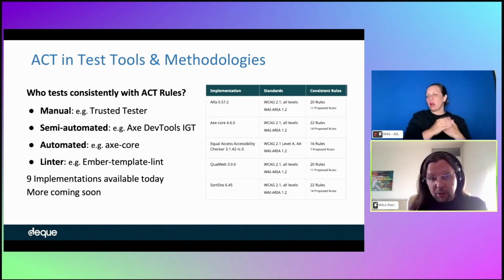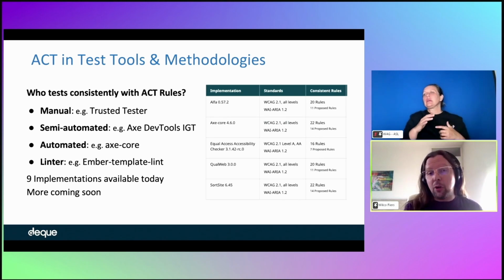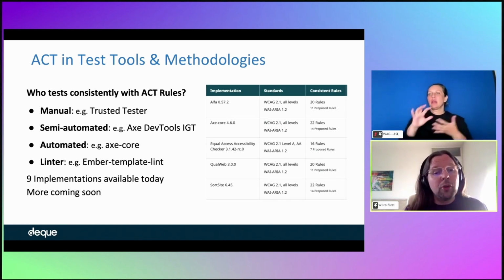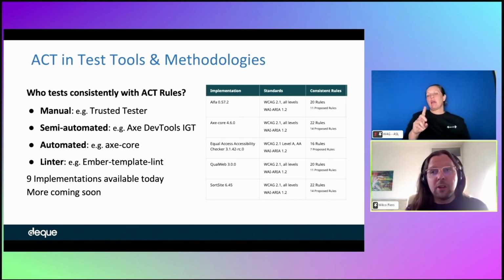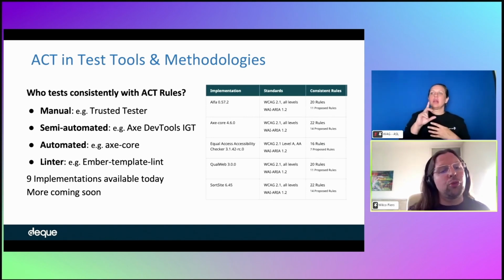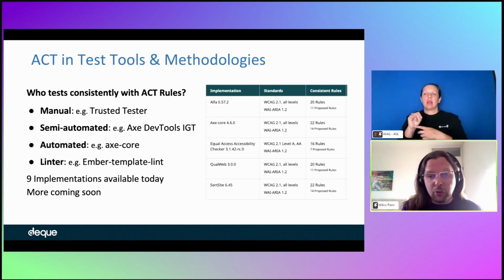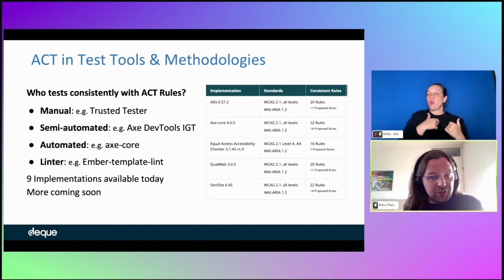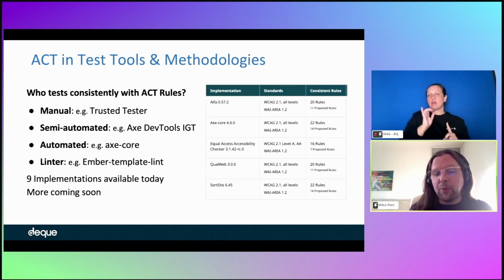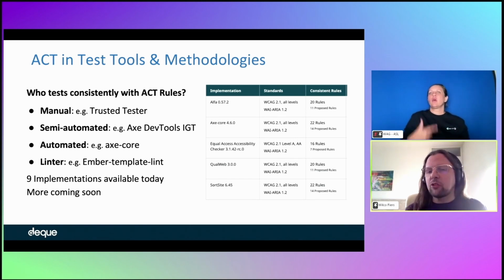There's semi-automated tools, where there's a combination of automated and some human input. DevTools has solutions for that. Then there's fully automated, which run inside pages, like Core does, like many other tools do. And then there are linters, which is the newest category that we've added, which is static code analysis. Right now we have 9 implementations of that, but we are hoping to add more as things go.